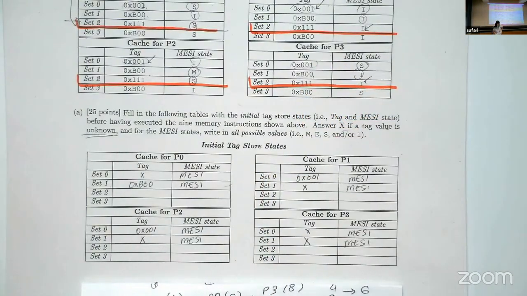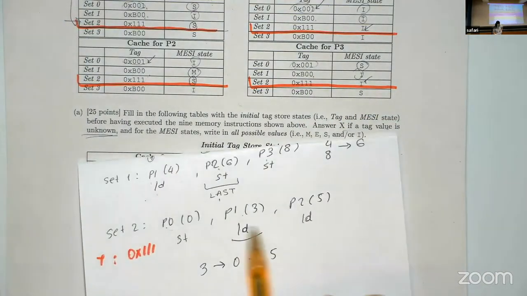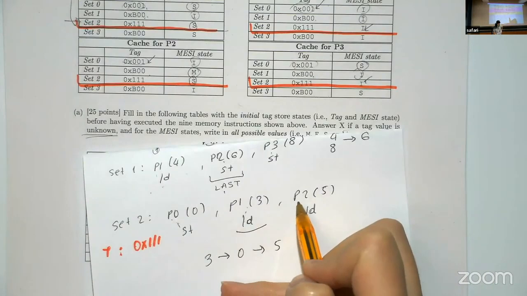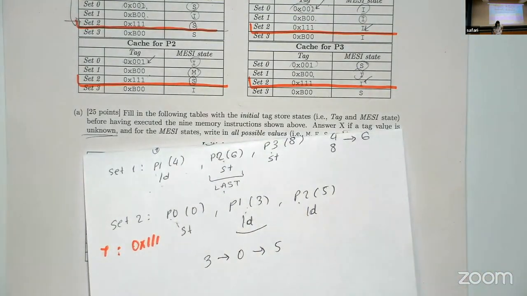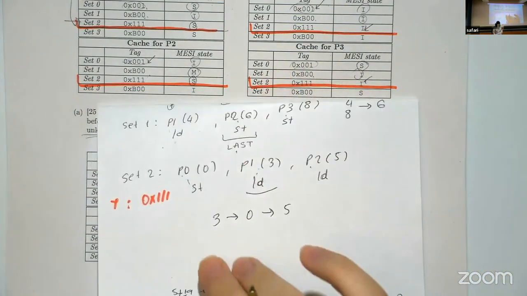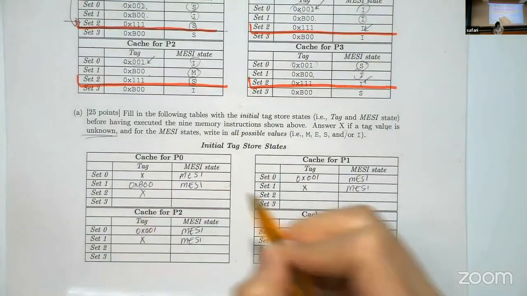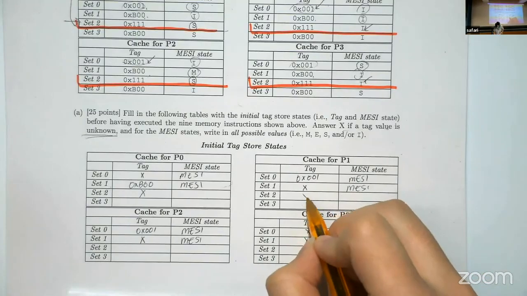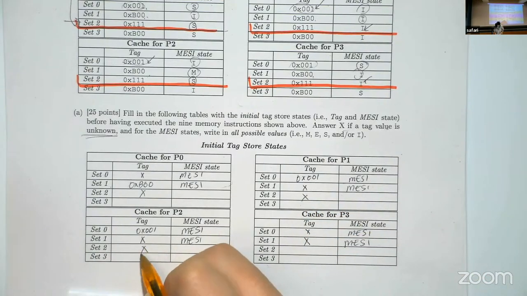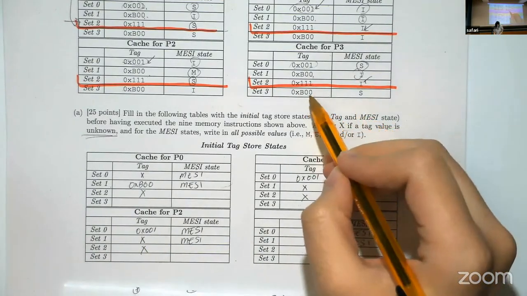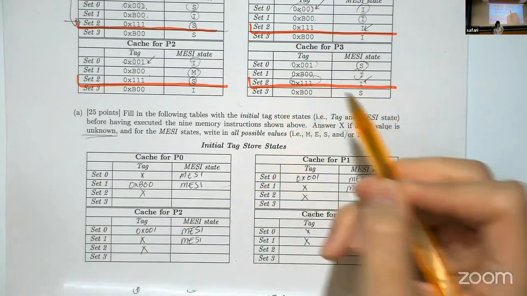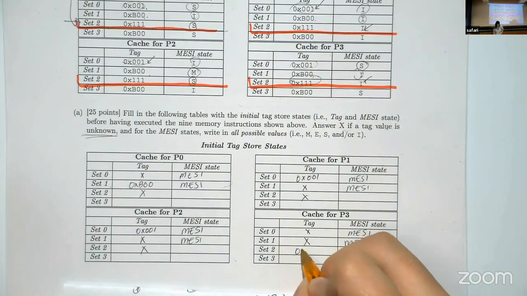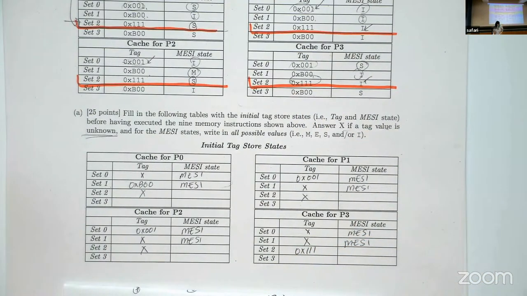So P0, P1, and P2, they basically brought that cache block, so we don't know their tags, and it will again be X for these. But for P3, we actually didn't do anything in that processor, and the tag was already here. So it should be in the initial state as well.